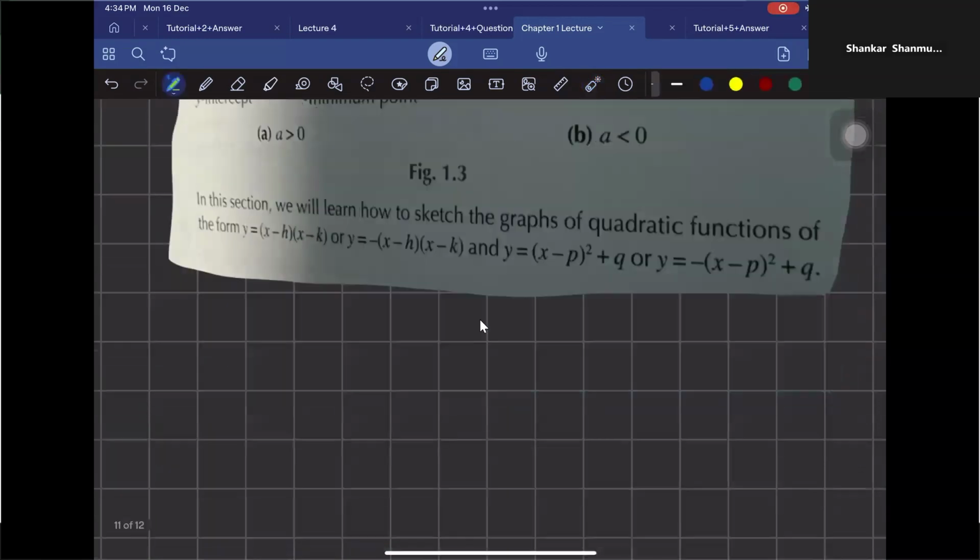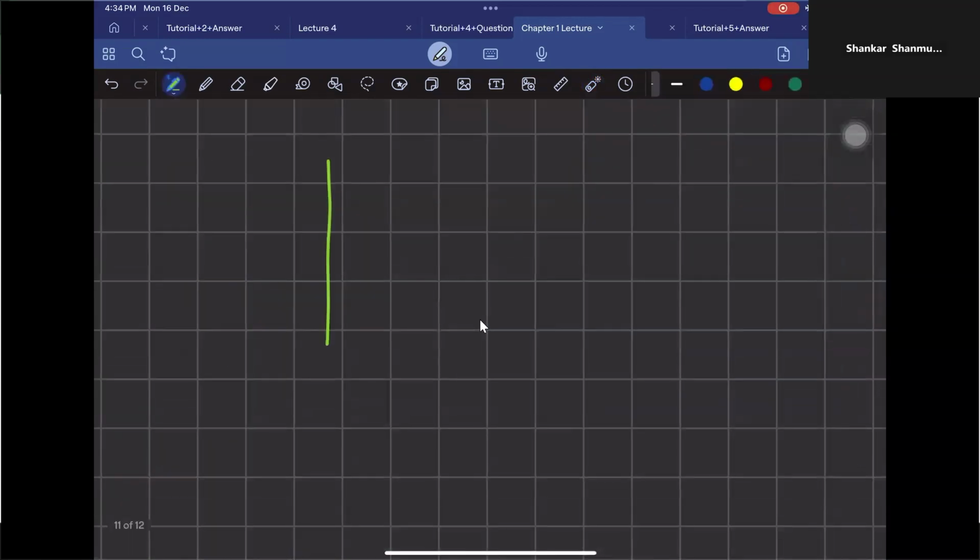Okay, let me draw in pencil. When it's y equals x squared, it looks like this, okay? And then when it's y equals negative x squared, it looks like this.